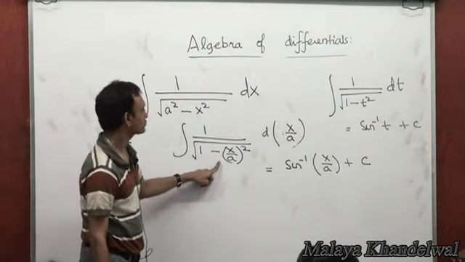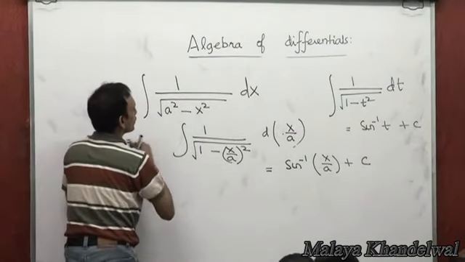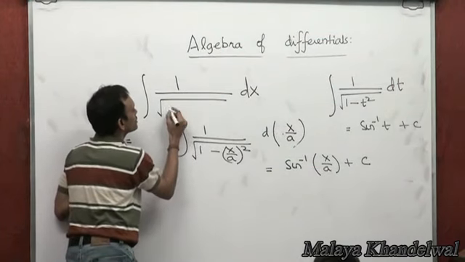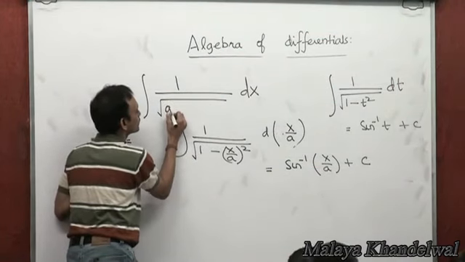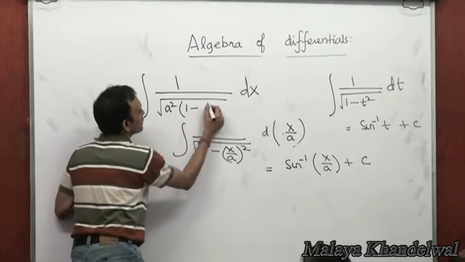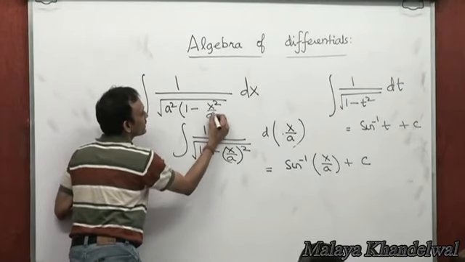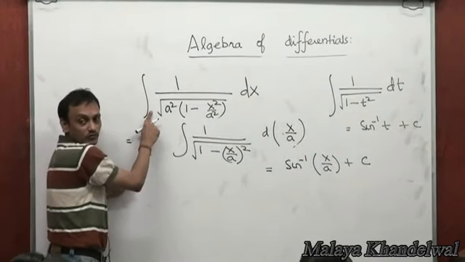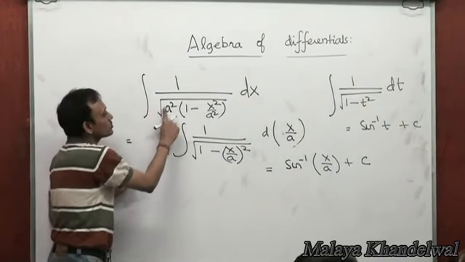This one. From this, I took a squared common, right? So when I took a squared common, I was left with 1 minus x squared by a squared. But square root of a squared, that was a when it came out.